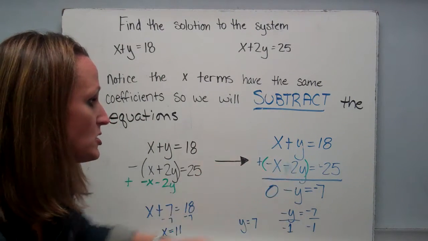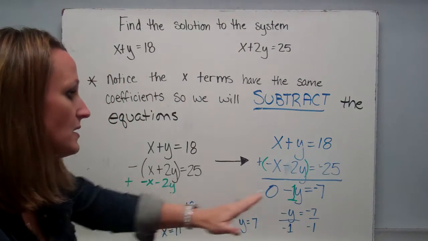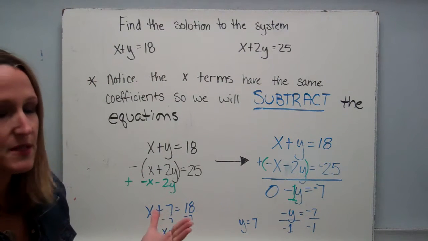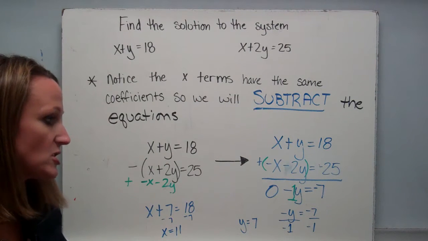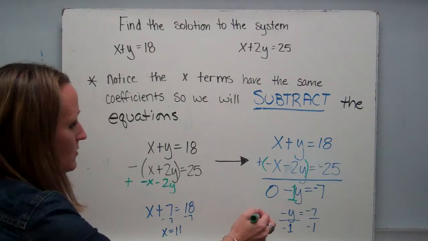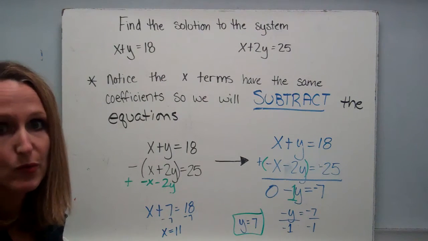Positive y minus 2y gives me negative y, or negative 1y if you need it, equals negative 7. Well, negative y equals negative 7. I can't have a negative y, so what do I have to do? I divide each side by negative 1, so that I get y equals 7. Again, I have to find out what x equals.